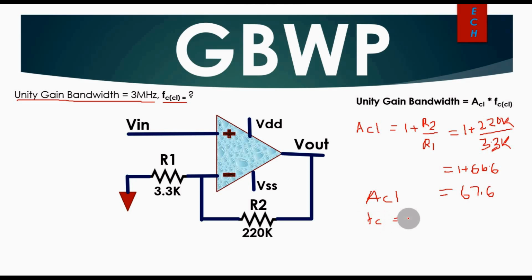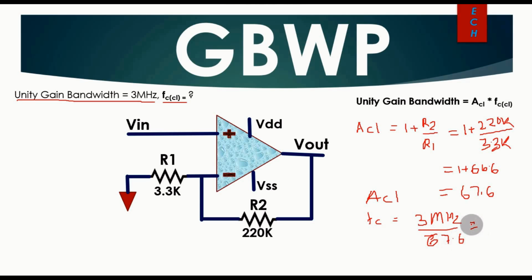Since the unity gain bandwidth divided by ACL equals FC, FC equals 3 megahertz divided by ACL, which is 67.6.